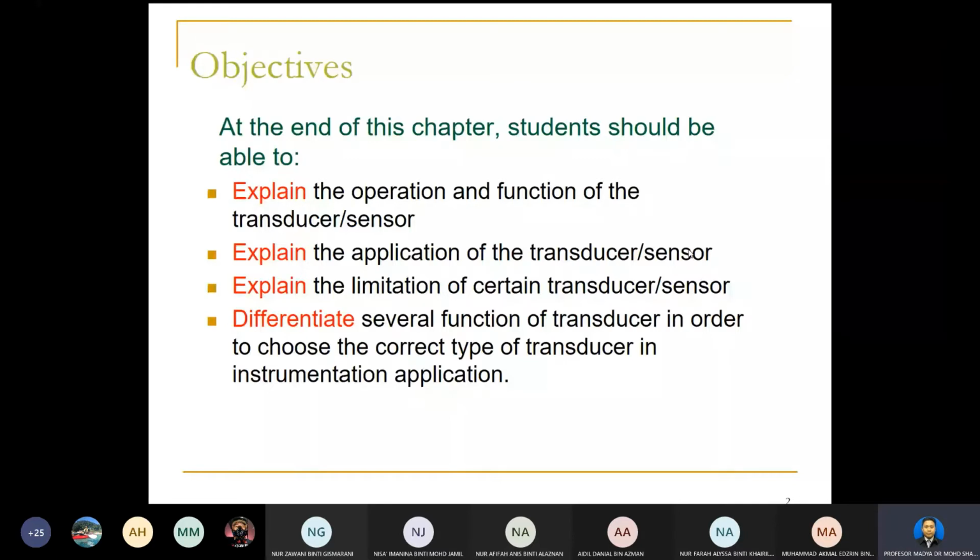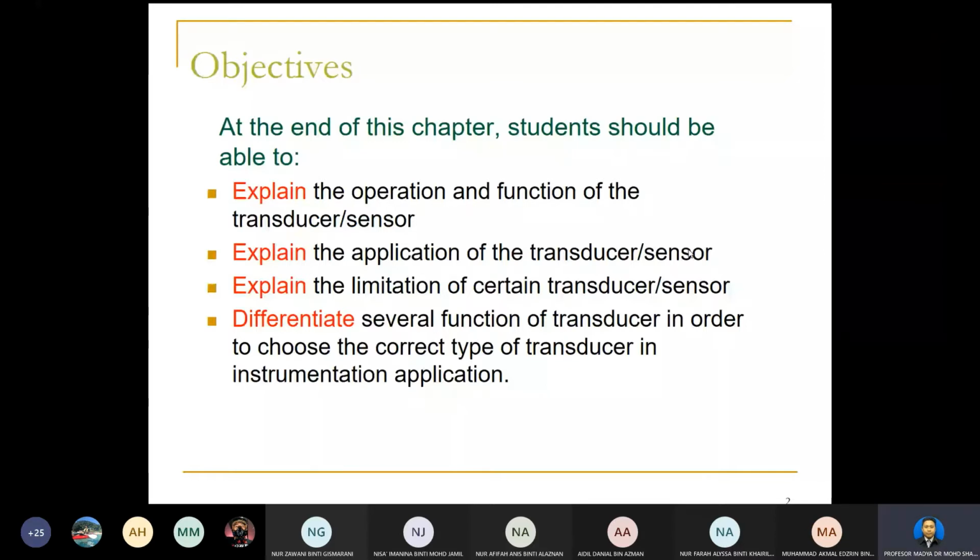Third, explain the limitation of certain transducers and sensors. And last but not least, differentiate several functions of transducers in order to choose the correct type of transducer in instrument application. So this is our objective for chapter 7, sensor or transducer.